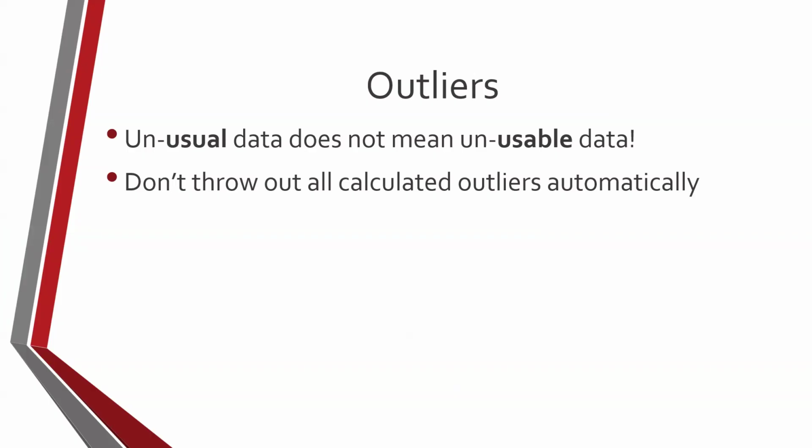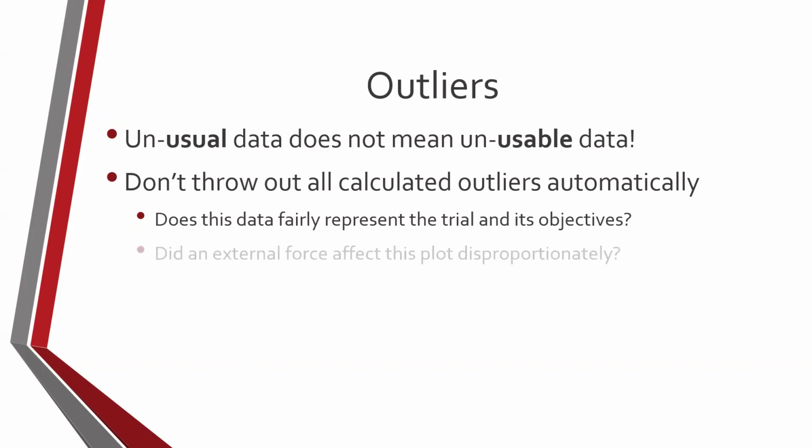So really this is where the trialist, your expertise comes into play, because there's quite a few different things to consider when looking at this value that is abnormal in some regards, to decide, should we keep it? Do we need to throw it out? Does this data still fairly represent the trial and its objectives?